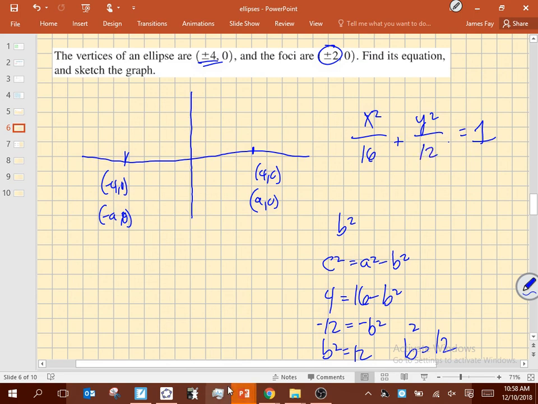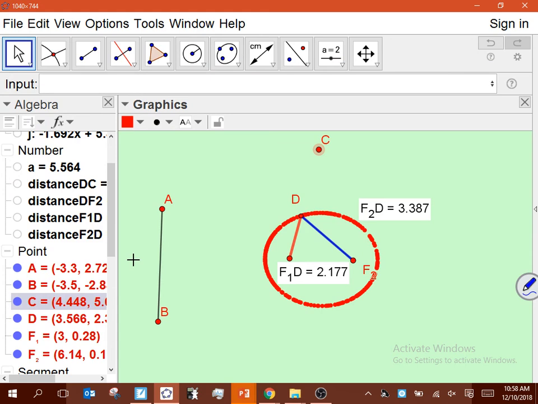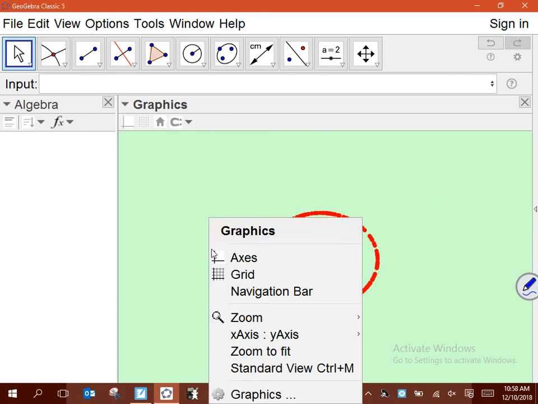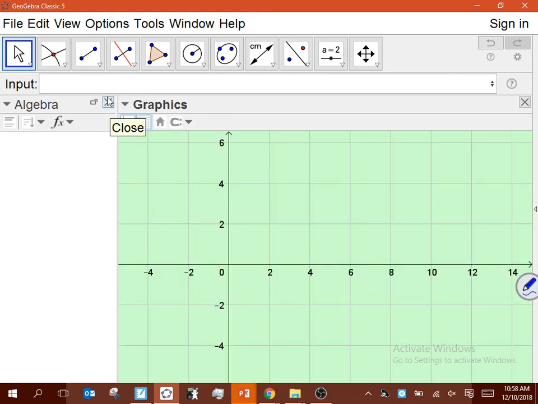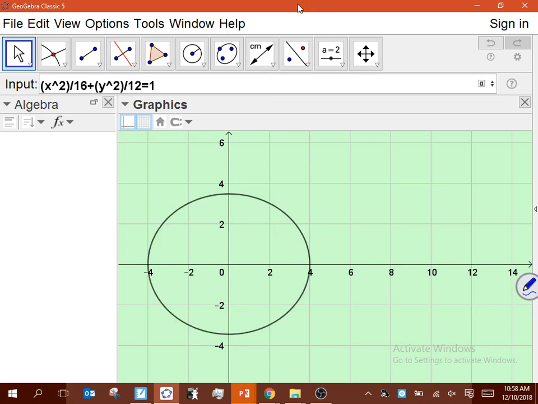And if I just type this stuff in real quick to GeoGebra, if I type in x squared over 16 plus y squared over 12, that equals 1, gives me that ellipse.